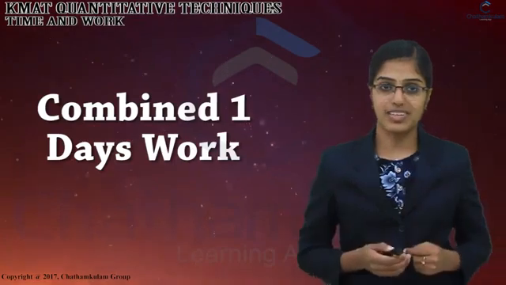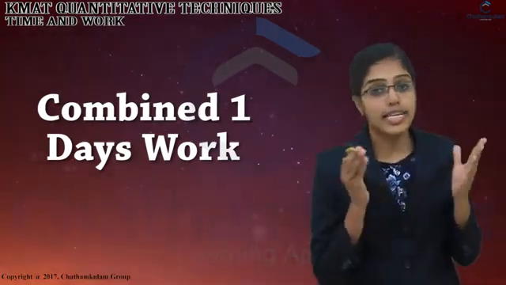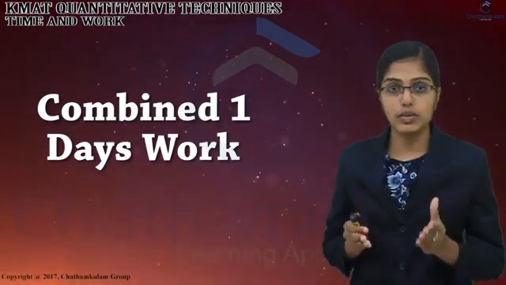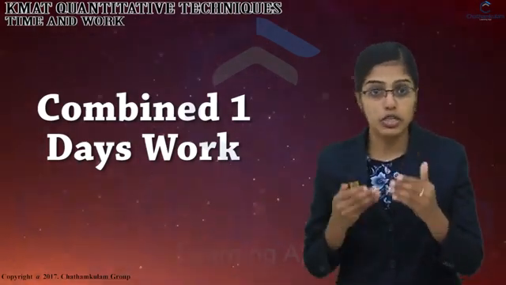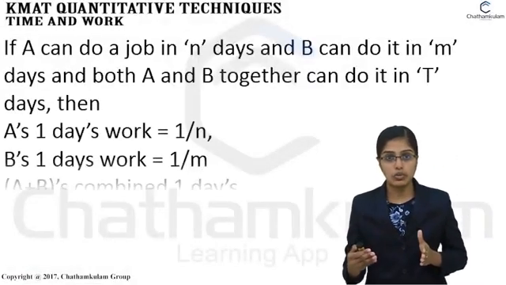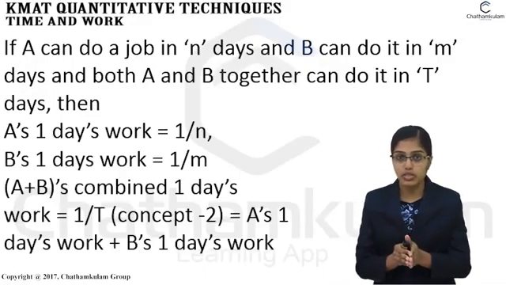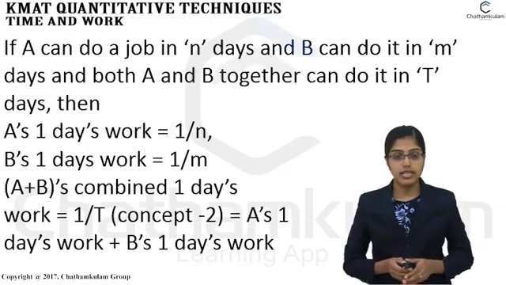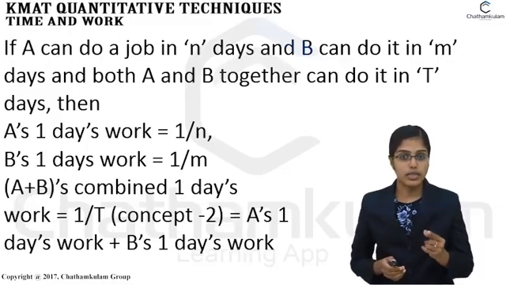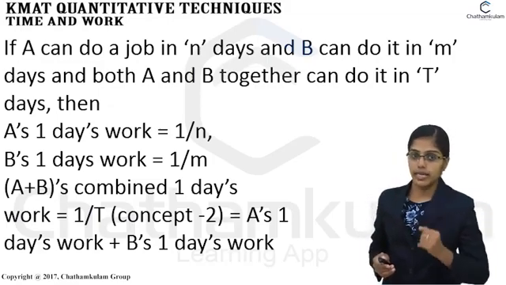Our fourth concept is combined 1 day's work. When more than one person is working on the same job, their combined 1 day's work is equal to the sum of 1 day's work of each person. So there is an example. If A can do a job in n days and B can do it in m days, and A and B together can do it in t days, then A's 1 day's work is equal to 1 by n and B's 1 day's work is equal to 1 by m.